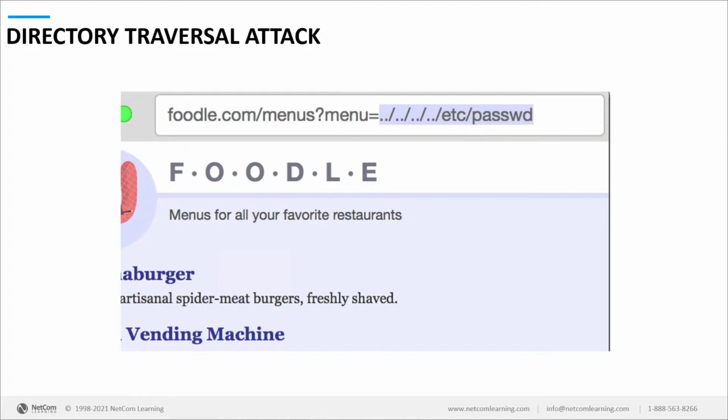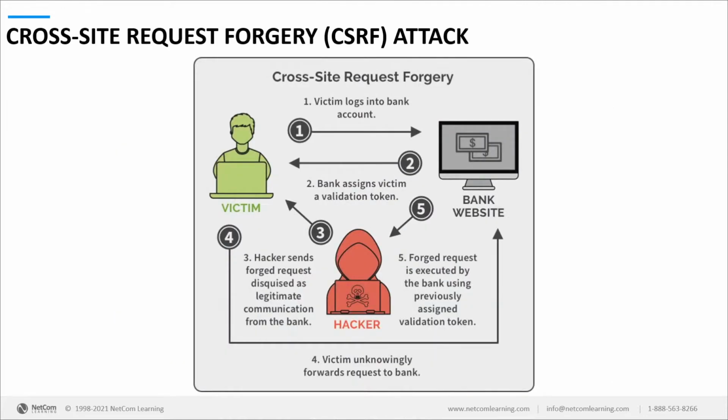Very, very possible, because the web has to give you information. You're simply throwing information at the front end. The front end is throwing information at the back end. The back end goes, hey, you asked for it, here you go. Cross-site request forgery attack: here the hacker sends some type of token to the victim.